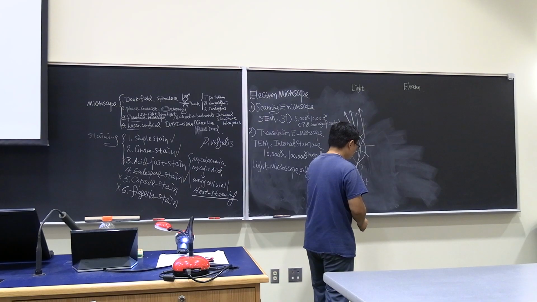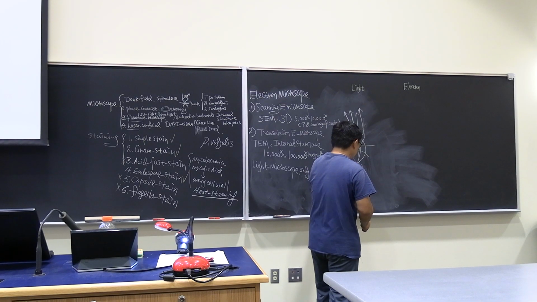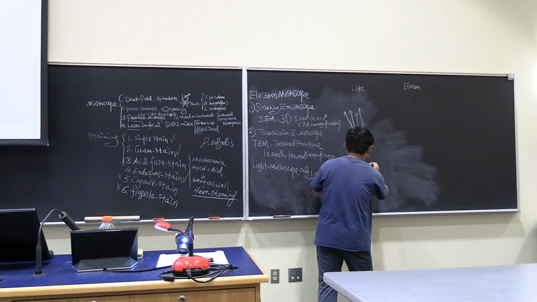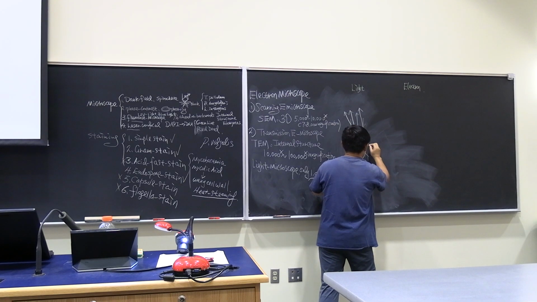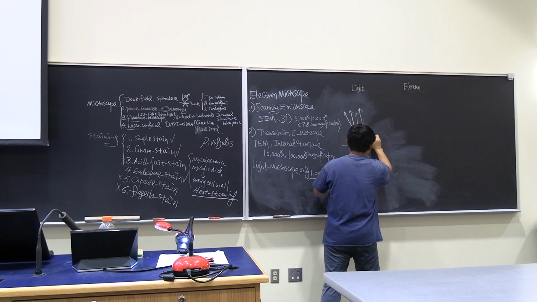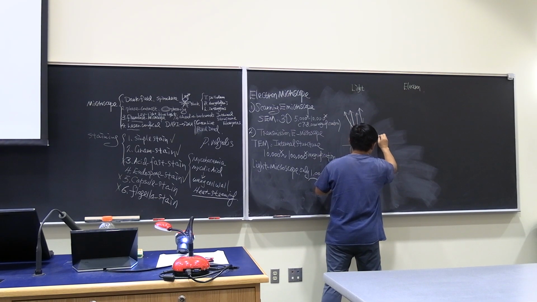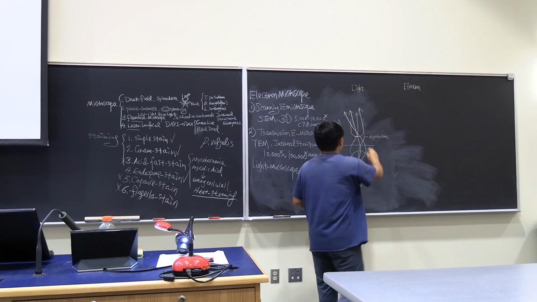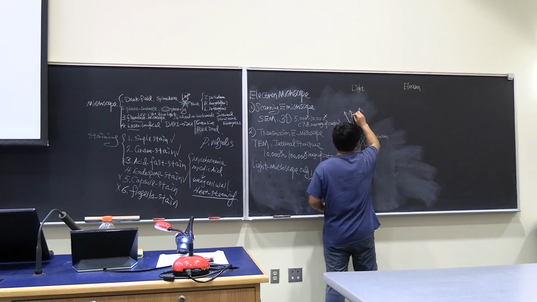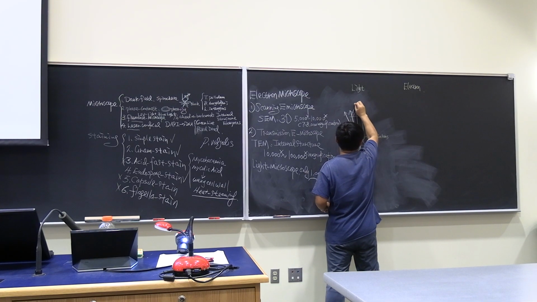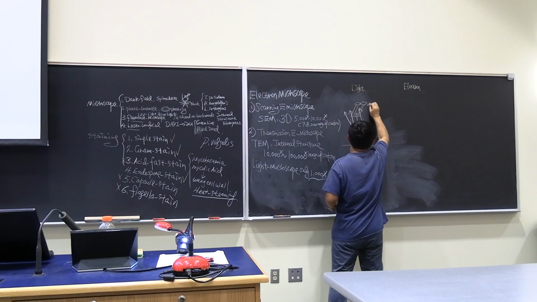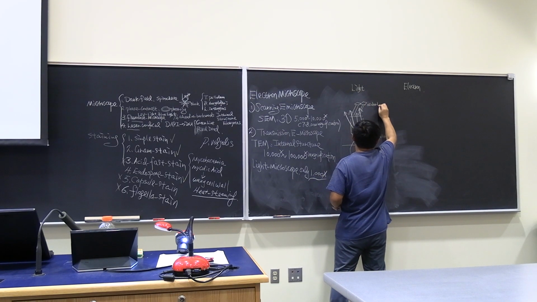So light, and you're passing through. This is we call objective lens, and here you obviously have something you can see. Use your eye. We call it the ocular lens. And this is also glass.